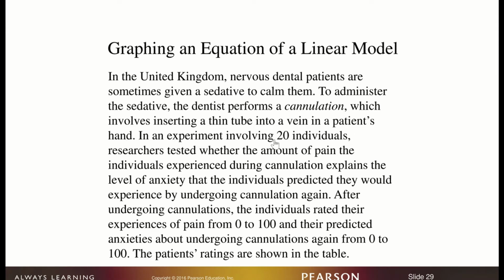In an experiment involving 20 individuals, researchers tested whether the amount of pain the individuals experienced during the cannulation, meaning when they put the thin tube in their veins on their hands, explains the level of anxiety that the individuals predicted they would experience by undergoing cannulation again.